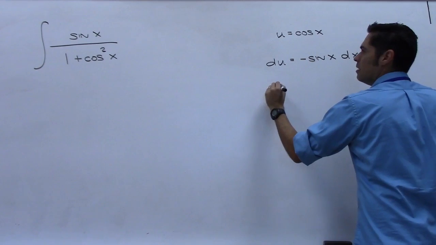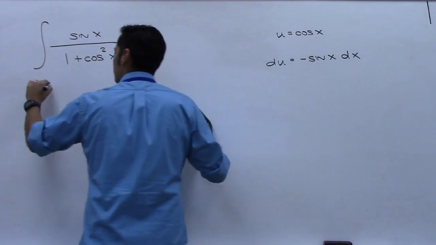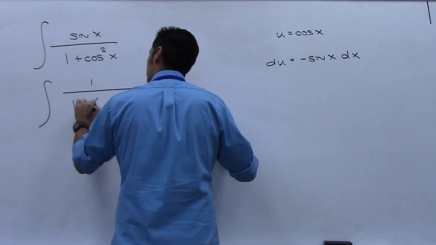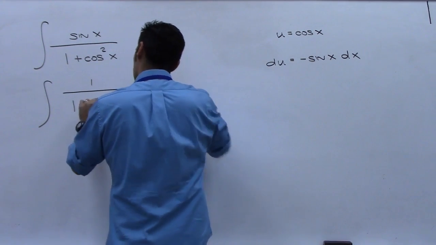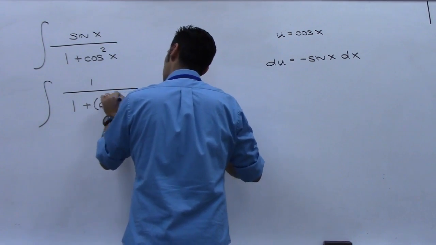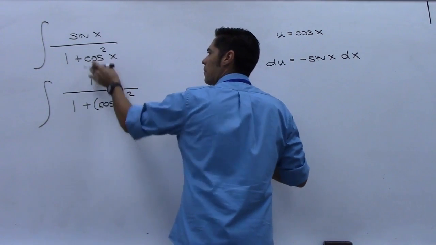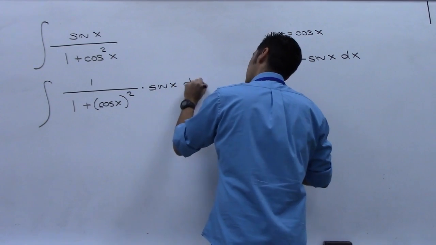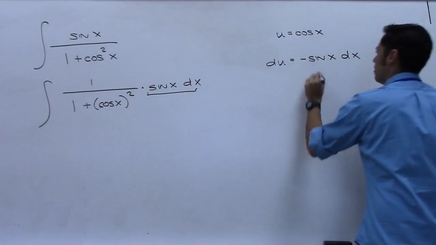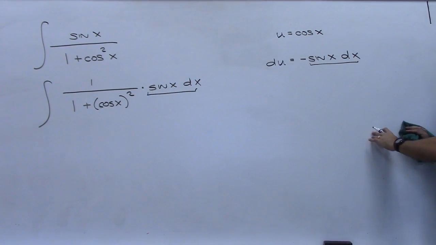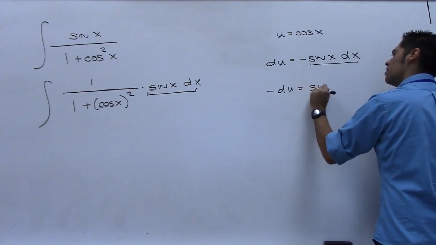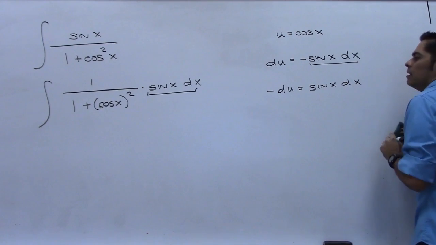And then I have that over here. What I actually have is 1 over 1 plus cosine x squared. That's what that means, right? Then times sine x dx. So this sine x dx is here. I'm off by -1, right? So negative du equals sine x dx.